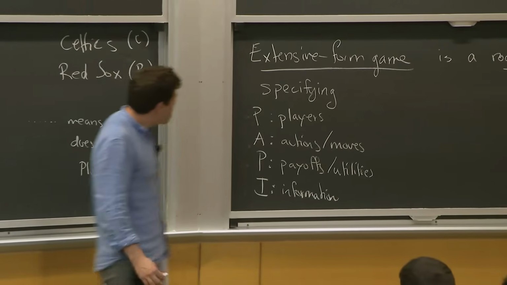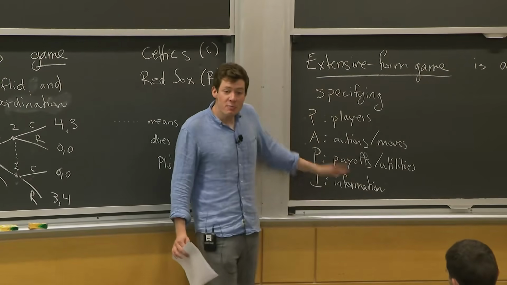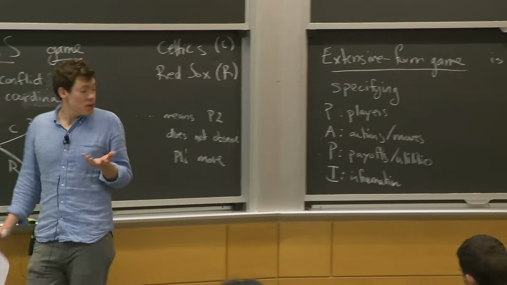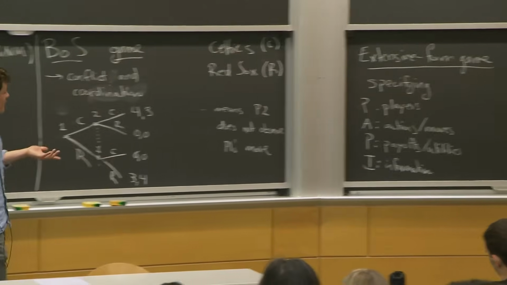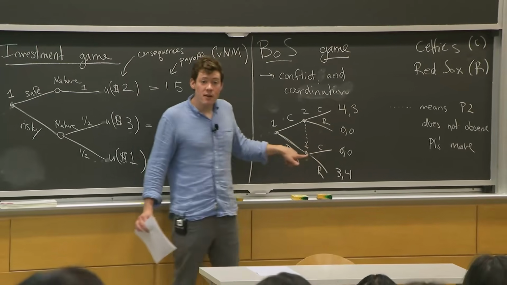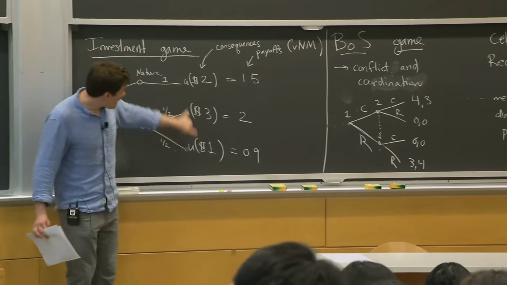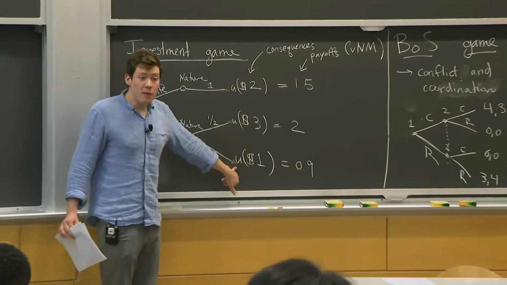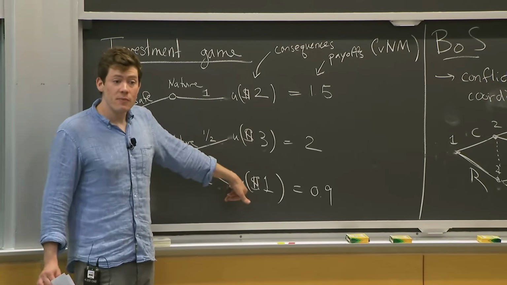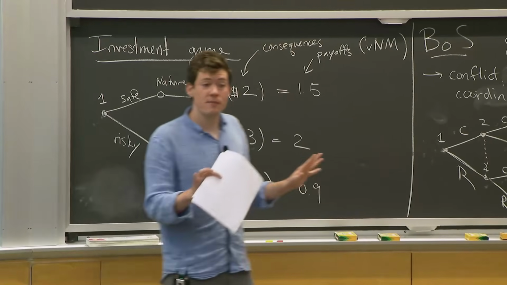OK, so players. I think intuitively we all know how we need to specify this, but I just want to be a little bit more formal. The way we specify the players is we put labels on the nodes in the tree, right? But notice, not every node gets a label. In this game, these nodes don't get a player label, they get a utility label. So really, if we look at this game, we see there's 2 different kinds of nodes.